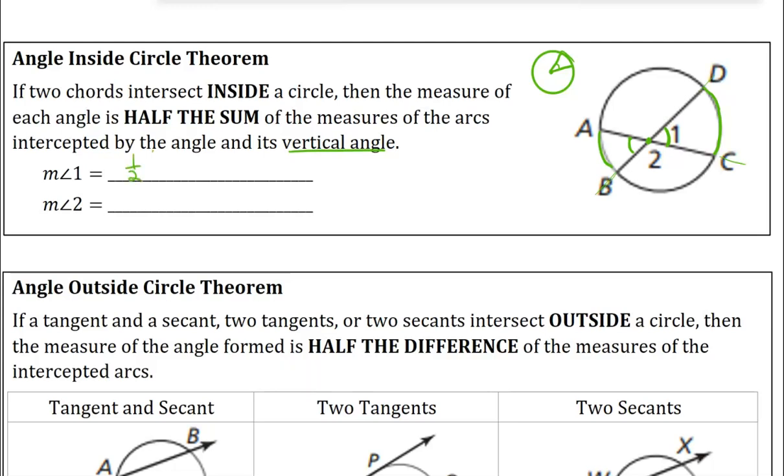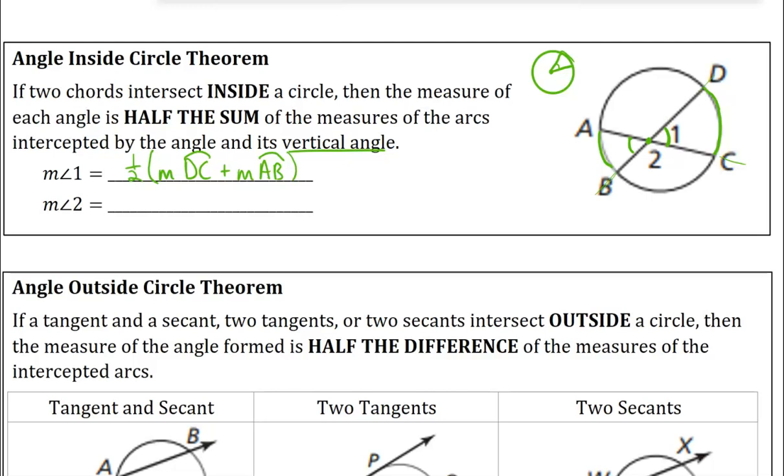So half of, use parentheses here, it does make a difference, the measure of arc DC plus the measure of arc AB. Once again, half the sum. If I'm trying to find the measure of angle 1 and I know those arc measures, I need to add them together, divide by 2, and then that gives me the measure of angle 1. So be careful with parentheses there.